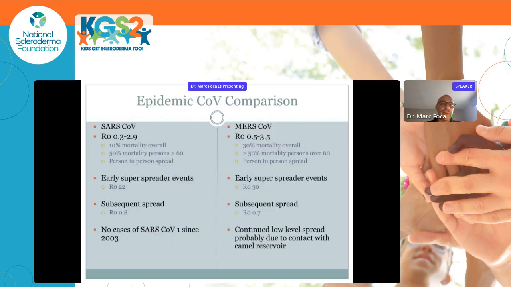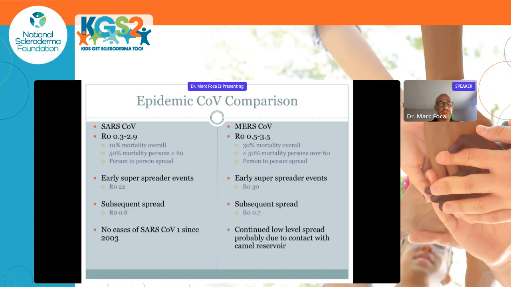So when you compare the original epidemic coronaviruses, SARS-CoV-1 to MERS, there was a 10% mortality with SARS-CoV-1 and 50% mortality in patients who were over 60 years of age. And there was definitely person-to-person spread. In early super spreader events, if you remember, we talked about super spreader events in the beginning of the pandemic, there was quite a bit of transmission.